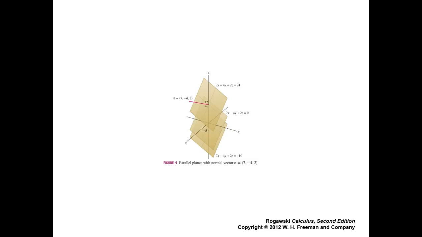This one doesn't. It goes through plus 12. This one down here doesn't. It goes through negative 5. But this one right here goes through the origin. 7x minus 4y plus 2z is equal to 0. It doesn't have to be that. That one goes through the origin, because x equals 0, y equals 0, z equals 0. We make that have to be 0. So that one goes through the origin.